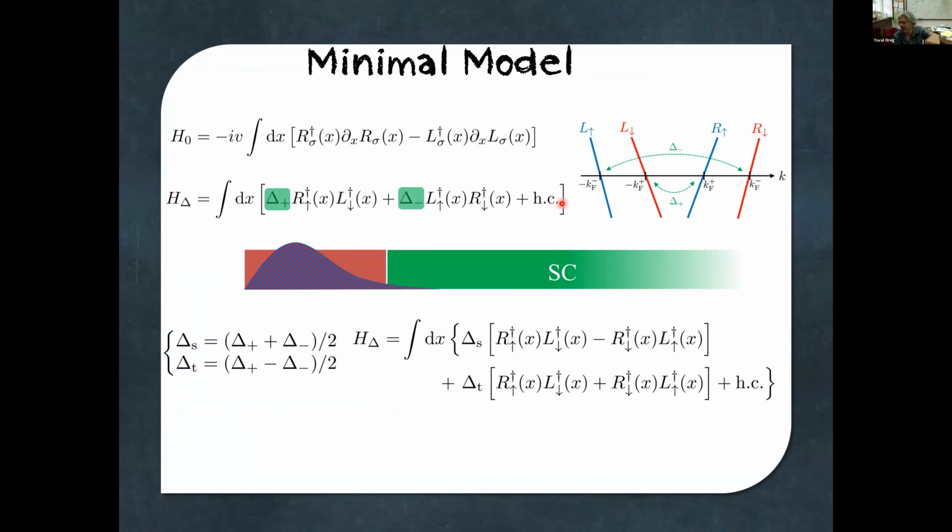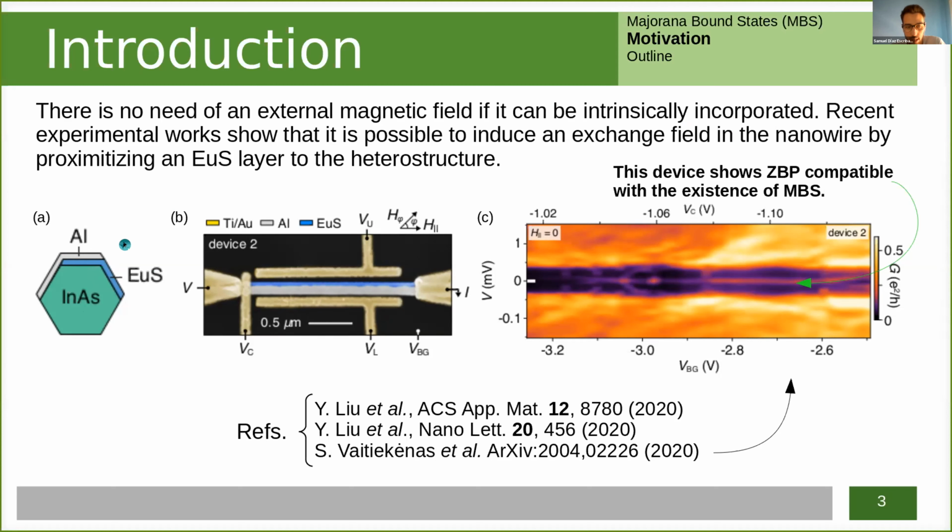The answer is of course yes, and this is something that, during the last years, the groups in Copenhagen have been working on. They have shown that it is possible to intrinsically incorporate the effects of an exchange field in this heterostructure if it is also proximitized with a magnetic insulator layer, in this case europium sulfide.